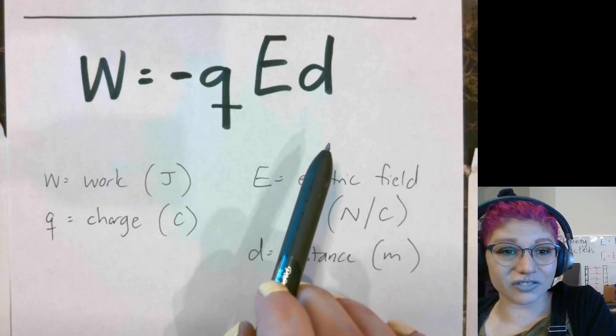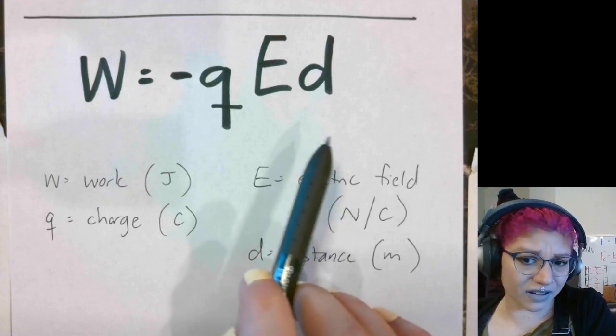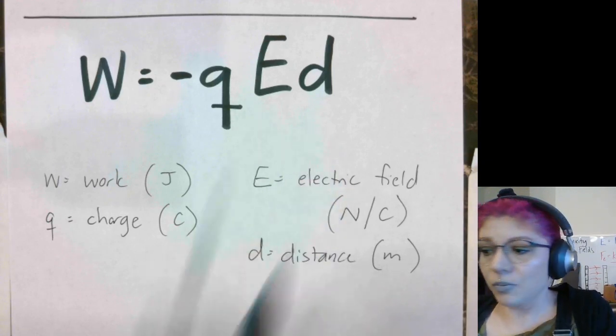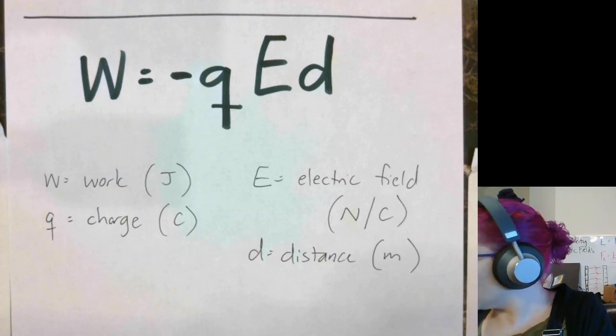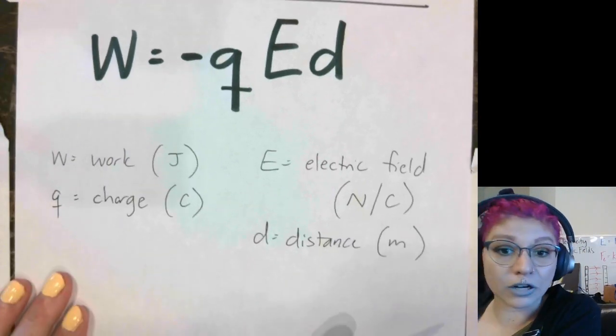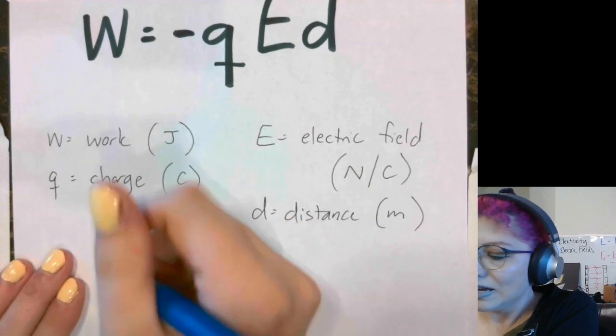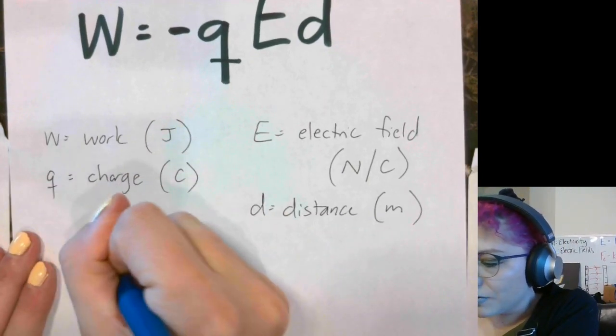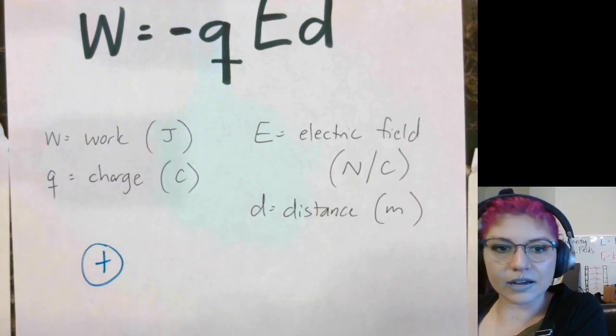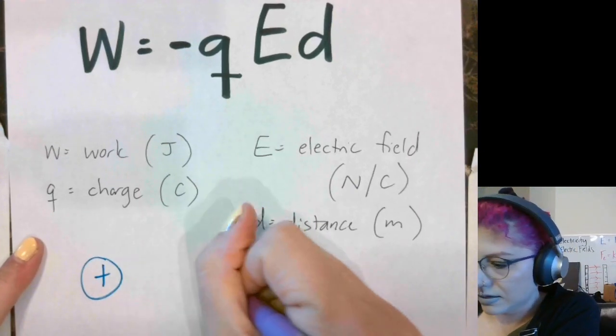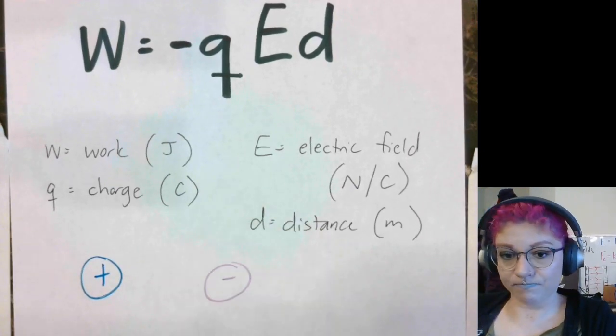This equation should make sense when you start to think about it, right? So think about how we've looked at charges interacting together, right? So again, let's say we have a positive charge and we have a negative charge.